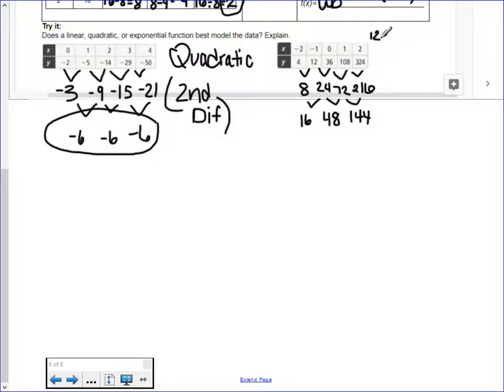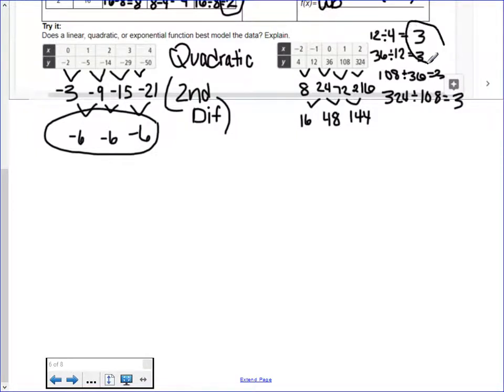12 divided by 4. 36 divided by 12. 108 divided by 36. You can see what's happening here. 324 divided by 108 is also 3.